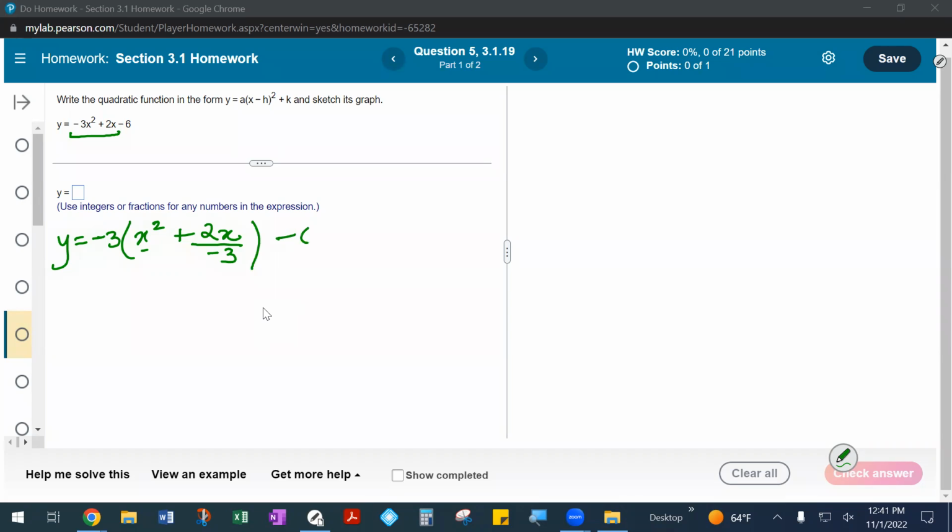Like I said, we're leaving the constant term outside to do its own thing for now. To clean this up: -3 on the outside, x squared, and the sign becomes negative, and this will now become 2/3 x. For completing the square, what do we need to do?